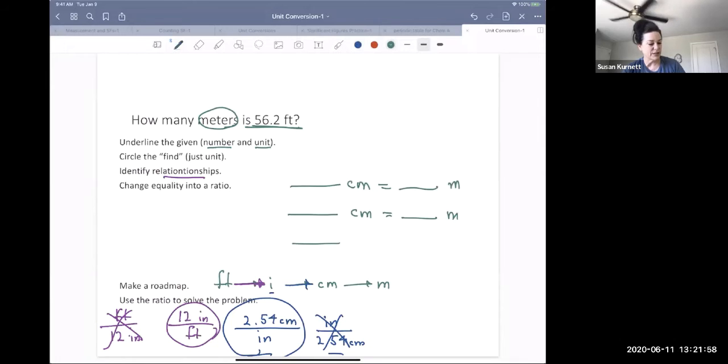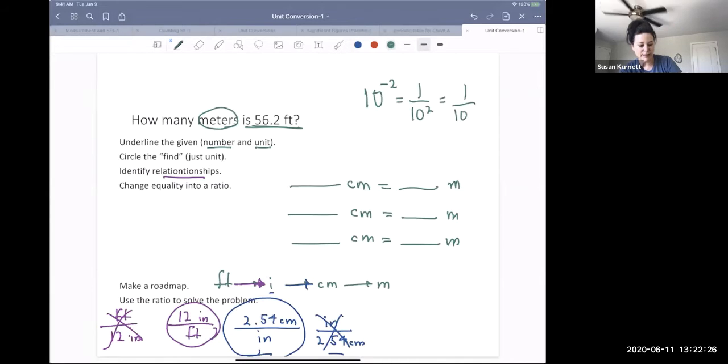There were 3 ways to do it, and one of them was wrong. One thing we can do is recognize what centi means. Centi means 10 to the negative 2, or 1 over 10 to the 2, or 1 over 100, or 0.01. All of those mean 100th, centi.